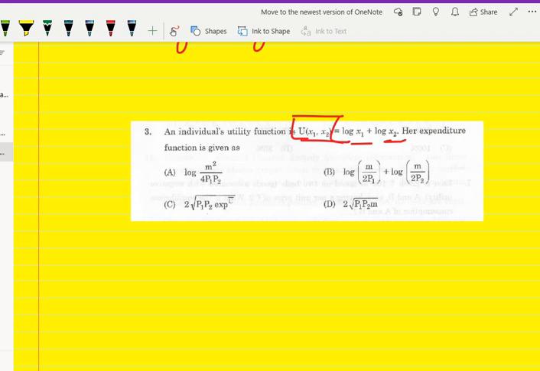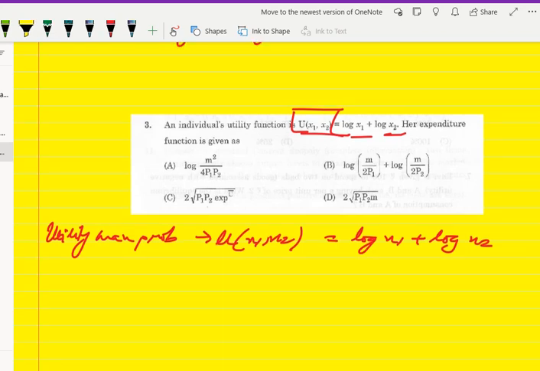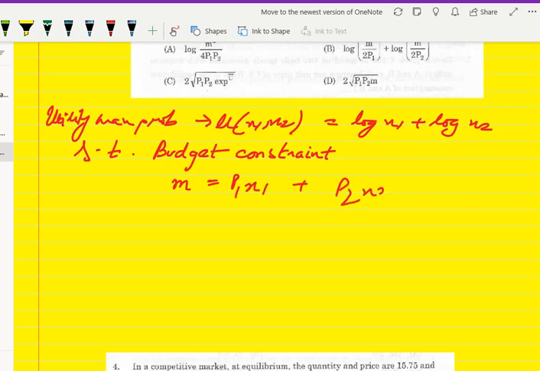Now we know the utility maximization problem: maximize log of x1 plus log of x2, subject to the budget constraint M equals P1x1 plus P2x2.